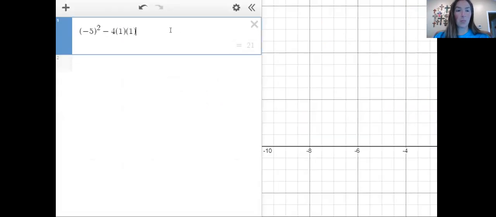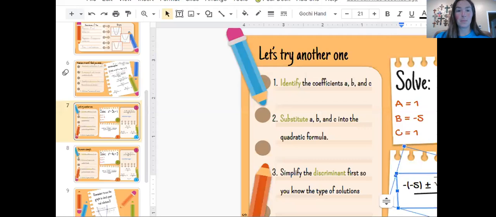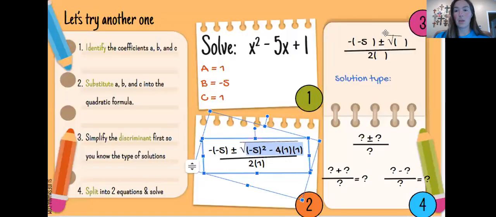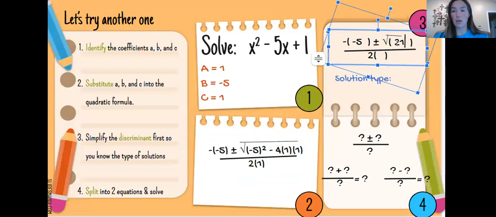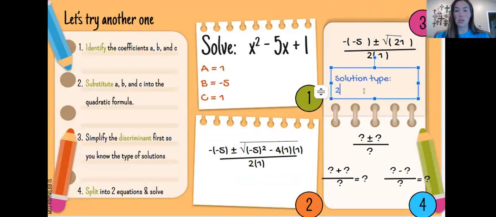So put that in, and it tells me that it is 21. So I could put 21 in here, and then my a value was 1. Now, if the discriminant came out positive, which is 21, we know that we should get 2 real solutions.